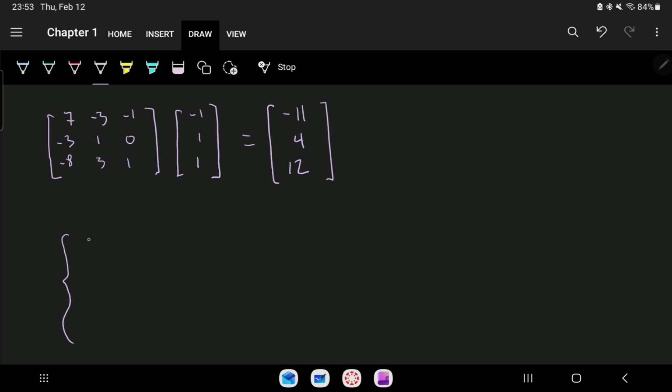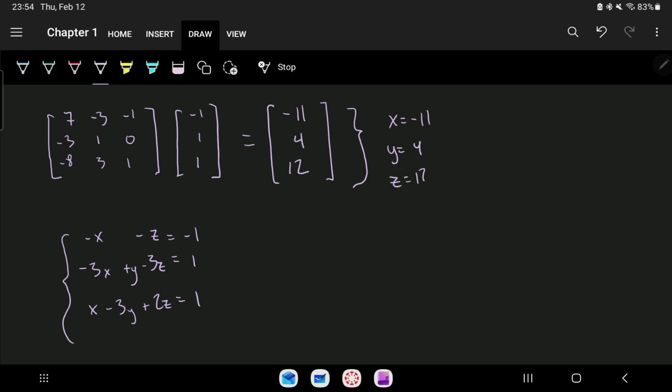I'm just going to rewrite the system down so that it is visible and I don't need to reflect upon my mistakes with all that red pen. All right, so this means that x is going to be -11, y is going to be 4, and z is going to be 12, right?